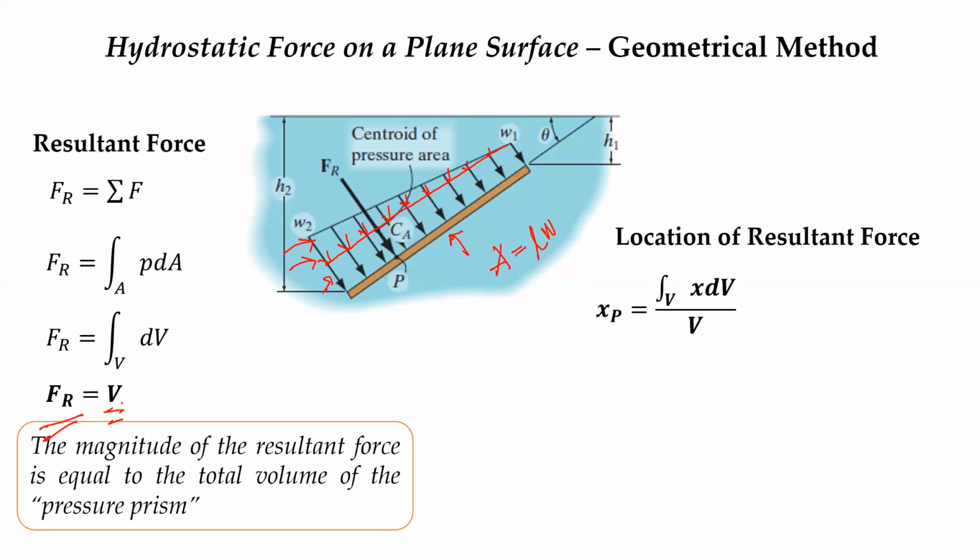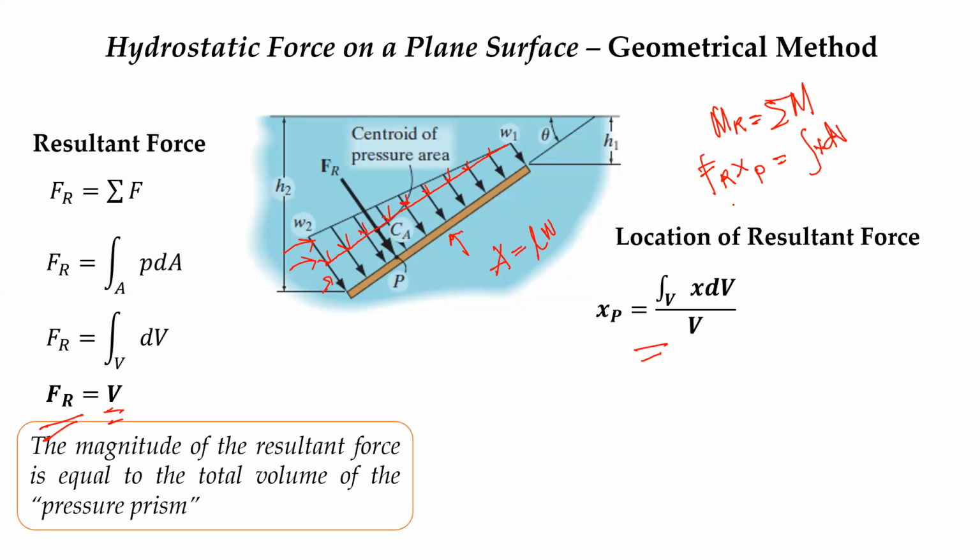And its location is, for x sub p, equal to the integral of x dV over V. How we derive this one is just that the resultant moment is equal to the sum of all moments. Our resultant moment, we have F sub r, and for our x component, it acts at the center of pressure, is equal to the integral of our dV times x, right?